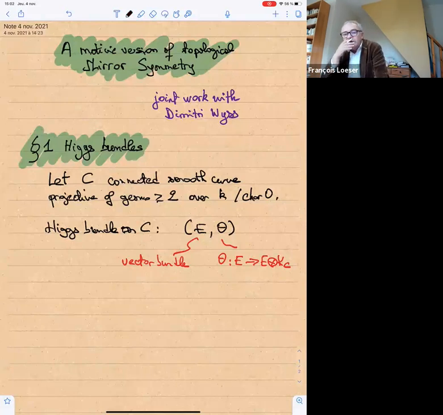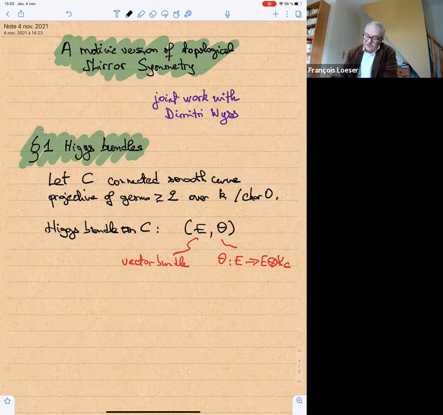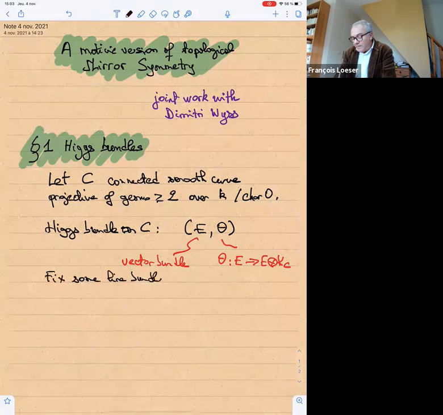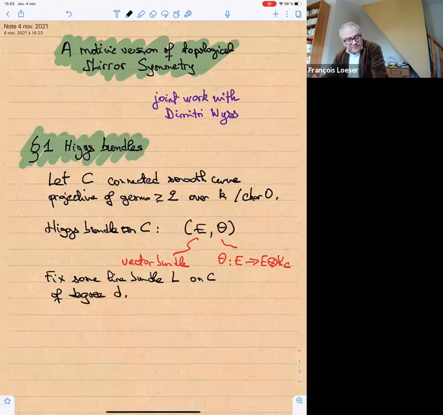And we will consider two moduli spaces of Higgs bundles. For this, we need to fix some line bundle, say L on C, of degree D. The first moduli space we will consider is denoted like this.